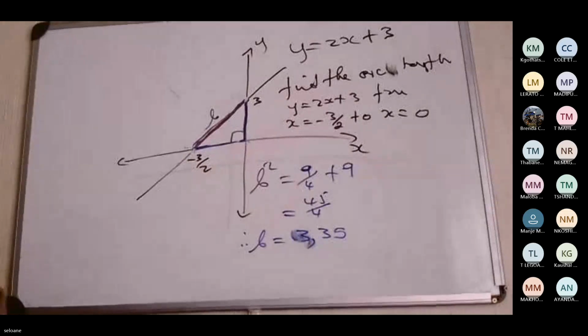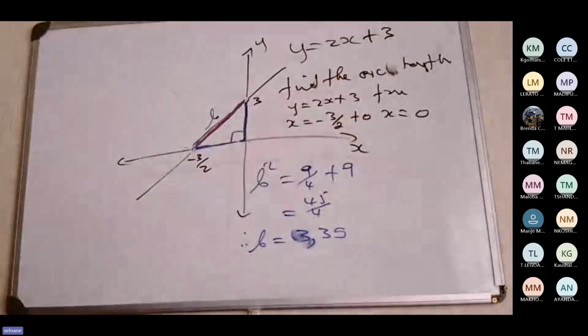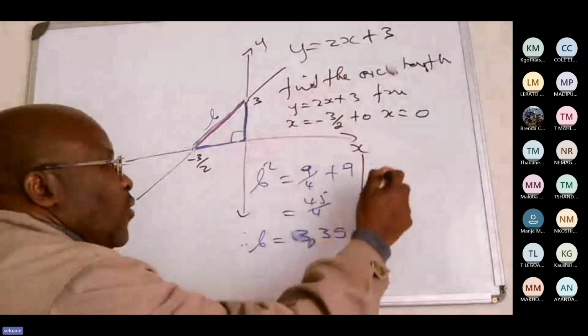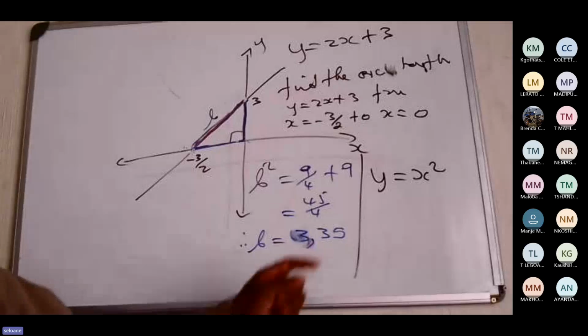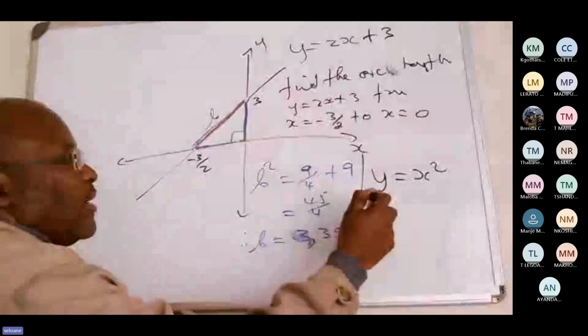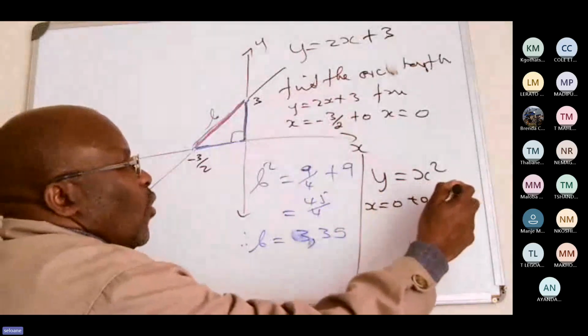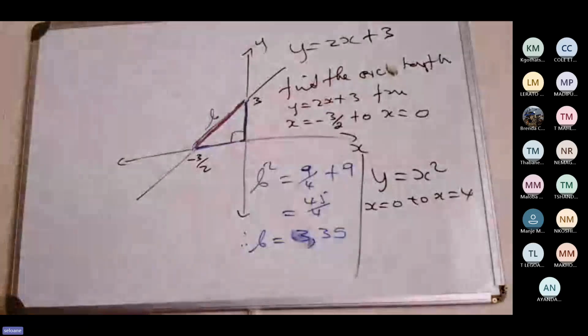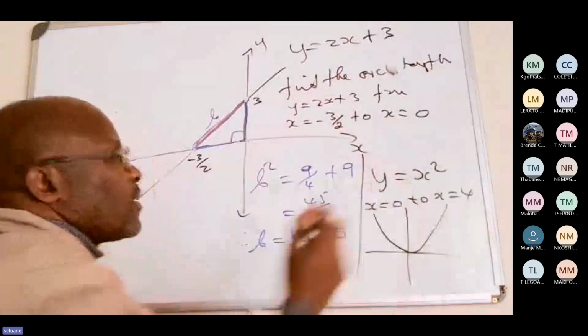But now, if you are going to use integration, because not all of them will be like this, as we've said, we can just say: find the arc length of y equal to x squared, from x equal to 0 to maybe x equal to 4. Hopefully you can see.